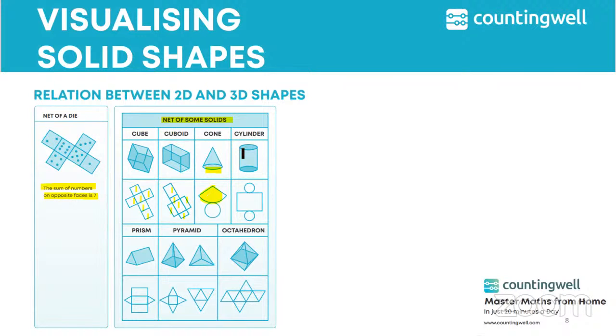Similarly, for a cylinder, if you cut it open, you will get the 2D representation, and the curved surface will become a rectangle as shown here. Similarly, for a prism, we can see the base and the top of the prism as 2 triangles and the 3 rectangles. Similarly, we can see this for pyramids and for the octahedron.